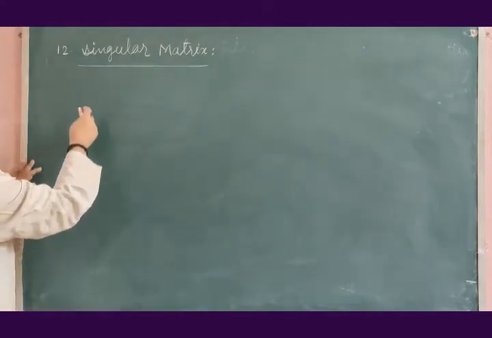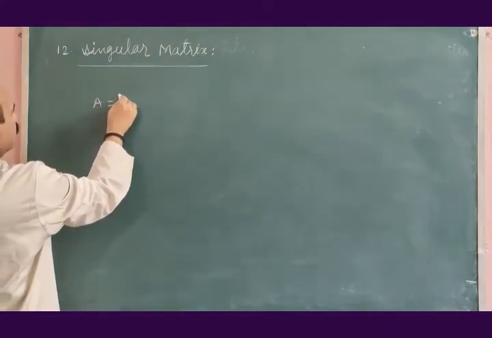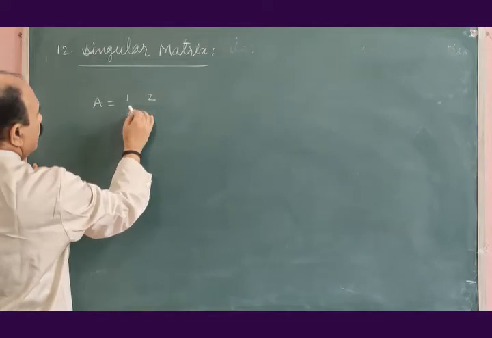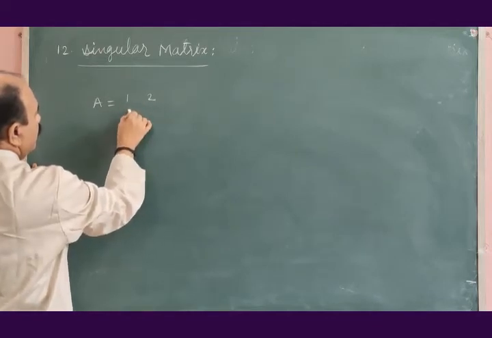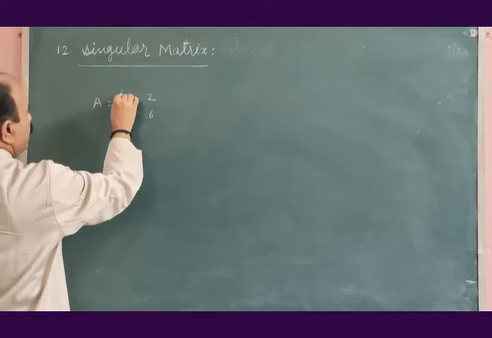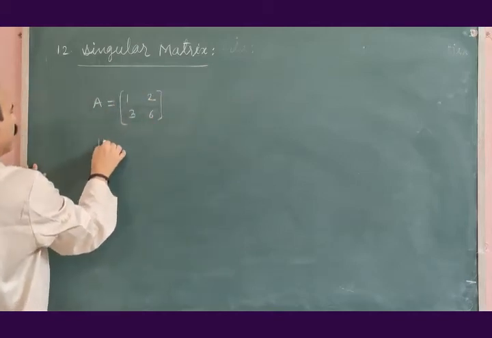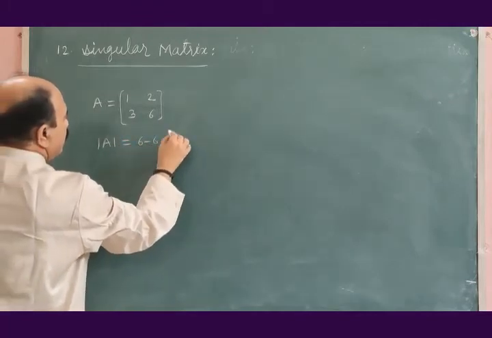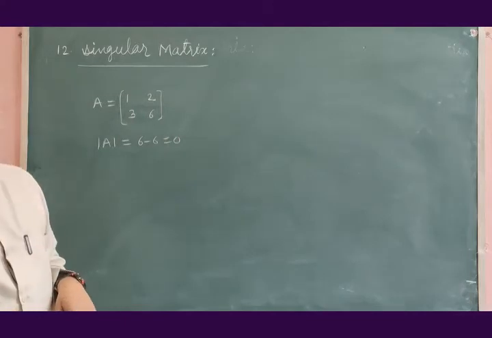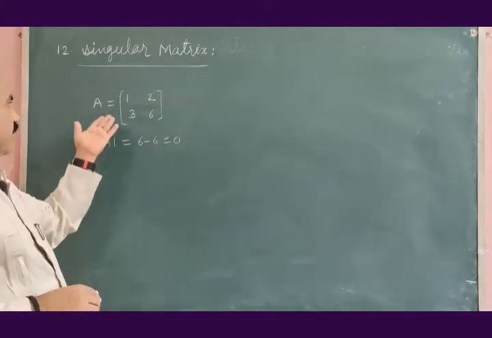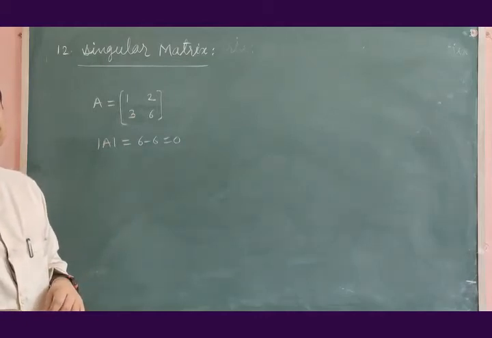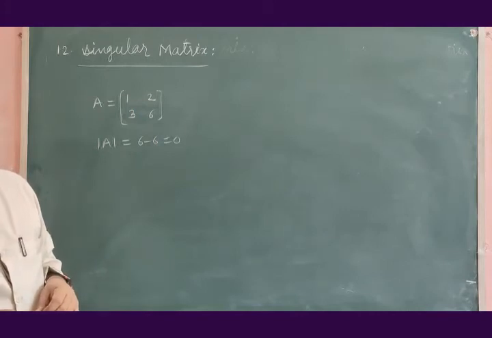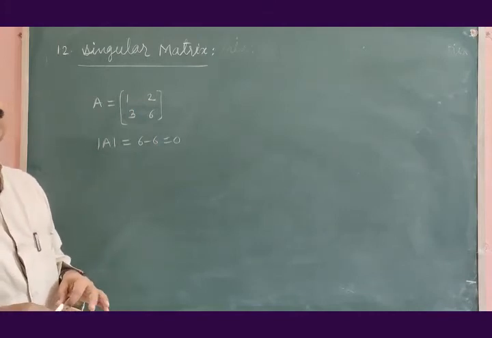singular matrix. This is the given matrix. It is a 2 by 2 matrix with 2 rows and 2 columns.